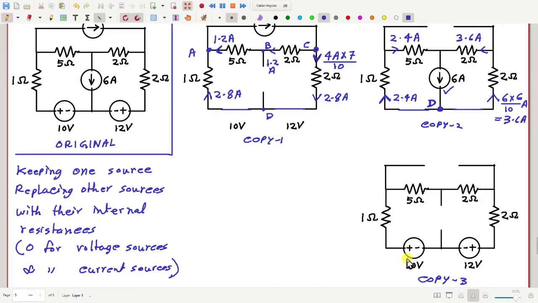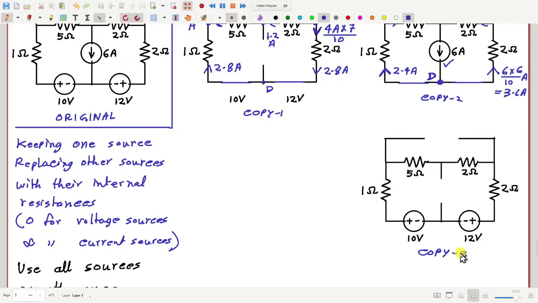So basically, two sources, 10 volt and 12 volt, are connected together, so they are equivalent to 12 minus 10, a 2 volt source, one single 2 volt source. And how much will be the current?